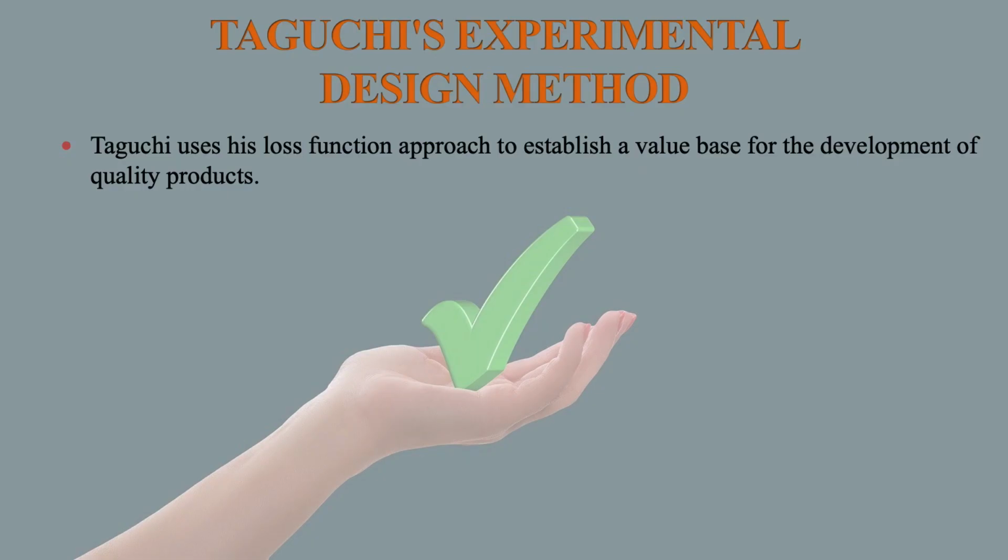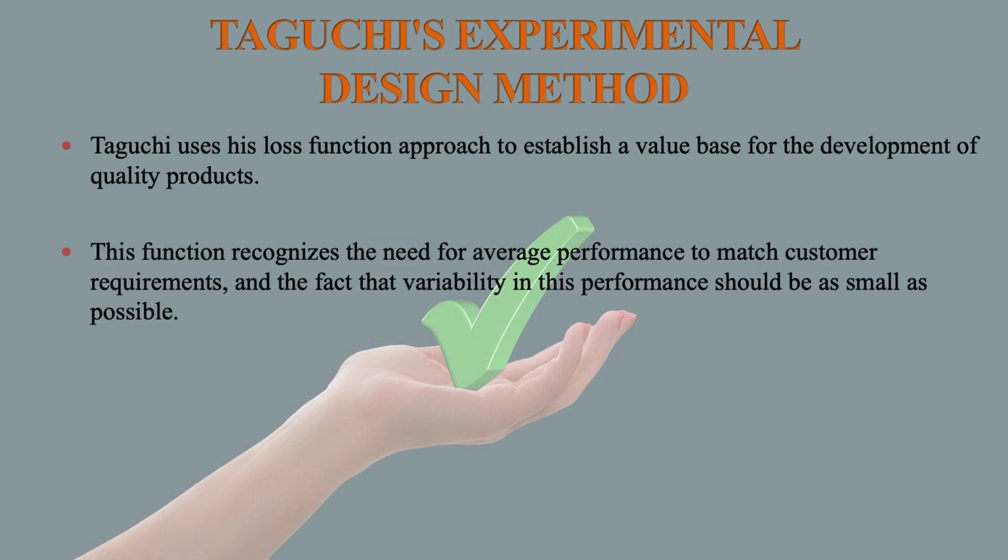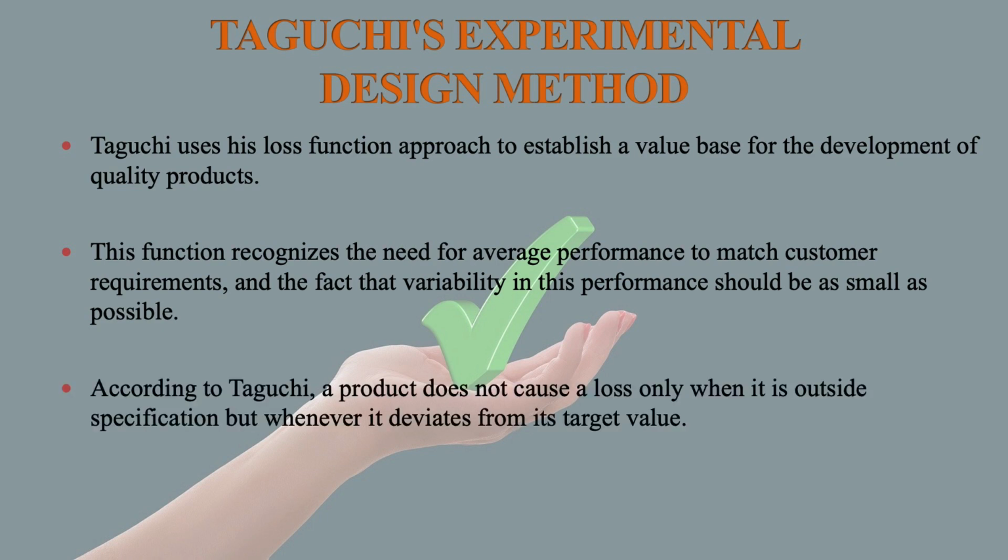Taguchi uses his loss function approach to establish a value base for the development of quality products. This function recognizes the need for average performance to match customer requirements and the fact that variability in this performance should be as small as possible. According to Taguchi, a product does not cause a loss only when it is outside specification, but whenever it deviates from its target value.